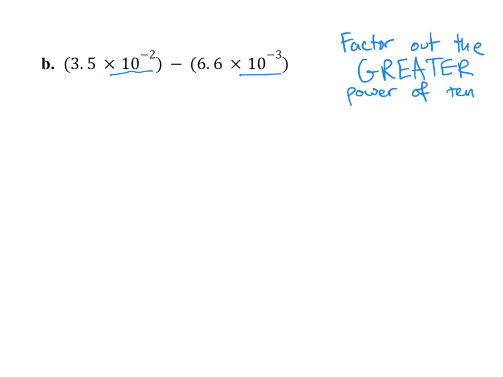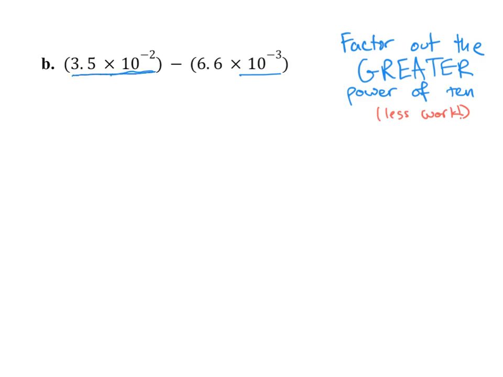We do this because it makes less work than factoring out the smaller one. If you factor out the greater power of 10, you usually have less converting to do once you're done, and you're more likely to end up with your answer already in scientific notation. So we're going to factor out 10 to the negative second.